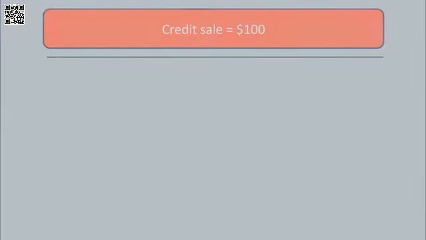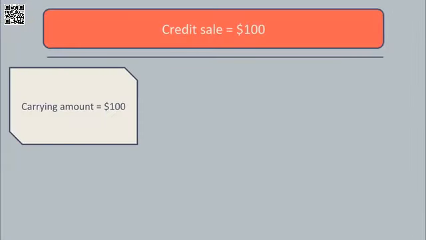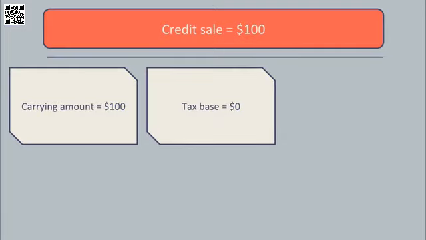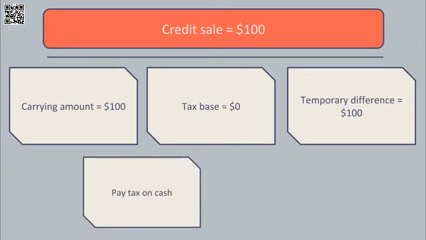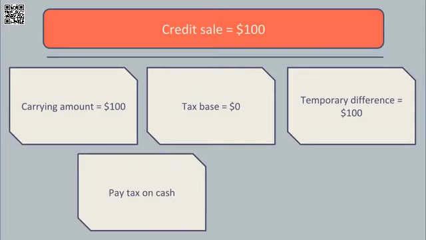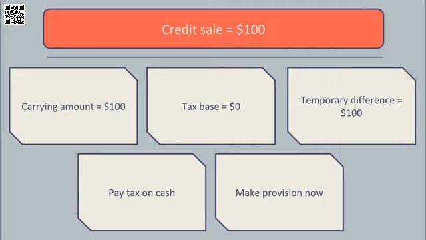So a credit sale of 100 would result in an accounting carrying value of 100, a tax base of 0, and a temporary difference of 100. In other words, when the customer does pay us the 100 in the future, we will have to pay tax on this, and so we set up the provision now.